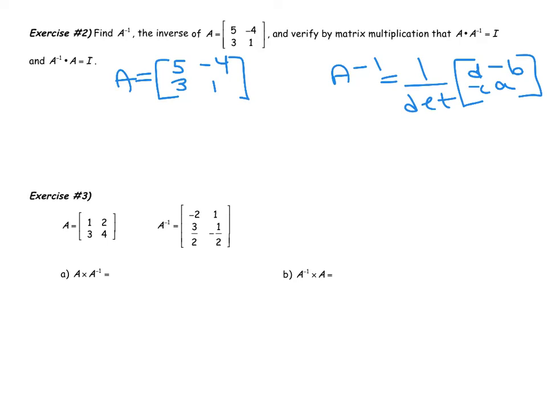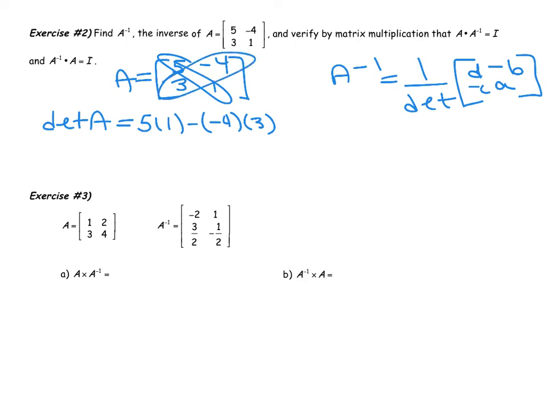The determinant for A is going to be 5 times 1 minus -4 times 3. All right, when you guys do the algebra here, I've got 5 plus 12, so the determinant is 17. Okay?